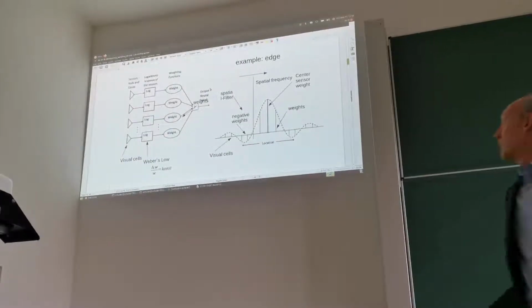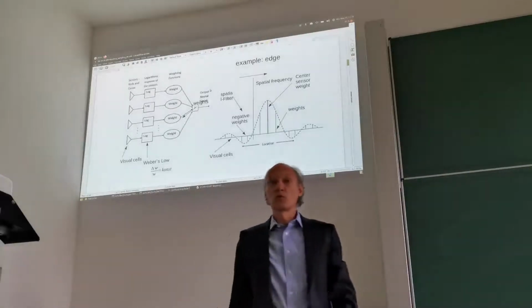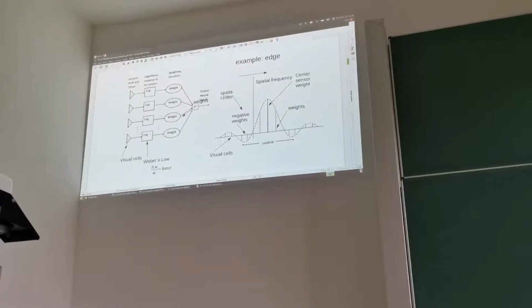Yeah. So here in the middle, we have the nerve fiber which goes to the brain. Here on this side, this goes to the brain. And here you have the light sensitive cells, the rods and cones.